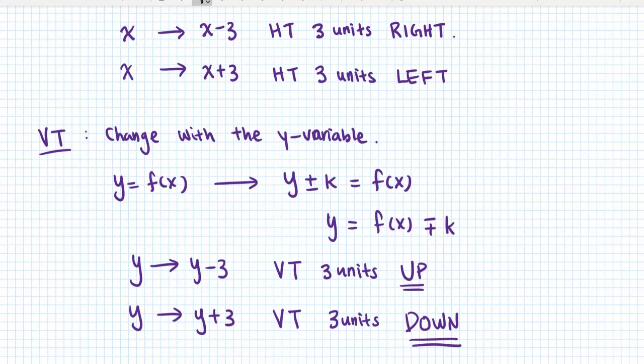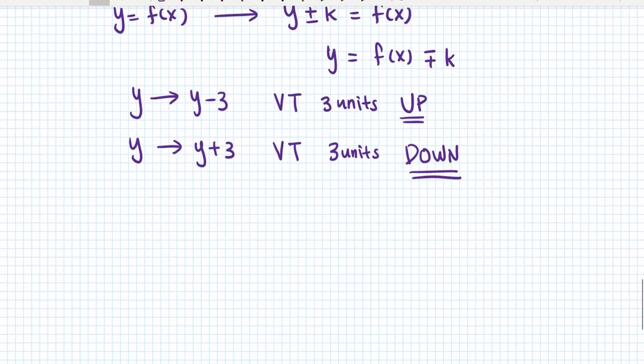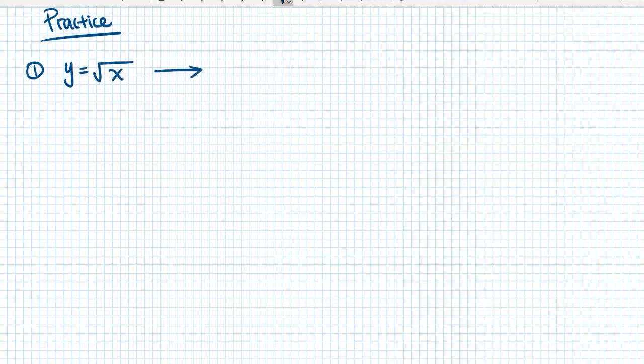Okay, let's try a few examples to identify what kind of translation is applied to the given function. So let's try practicing these 4 examples. Number 1, y is equal to square root of x is transformed to y is equal to square root of x plus 3.